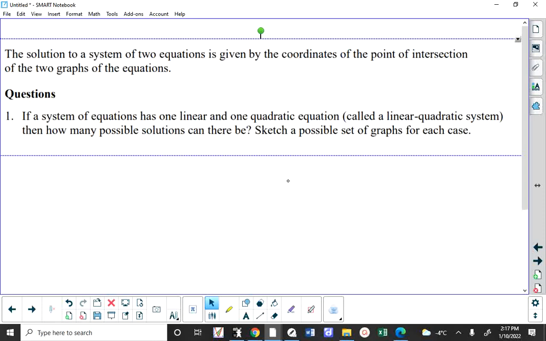Keep in mind, the solution to the system is the point of intersection. So I would like everybody to ponder that. If you draw the graph of a quadratic function and you draw the graph of a linear function, my question to you is, how many different places could they intersect?